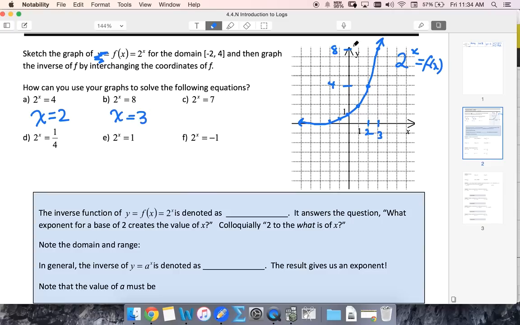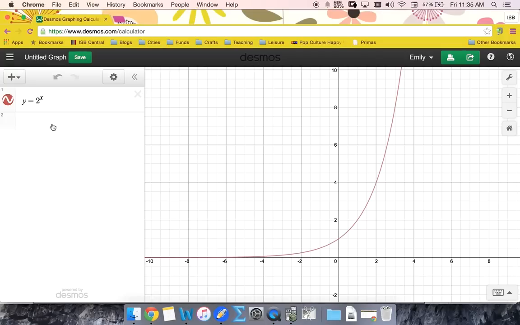When is the graph equal to 7? Well, that's about here. It looks like it's about 2.8. It's hard to see on this small of graph. I'm going to go over to Desmos. I've already put in y equals 2 to the x. So 7 is here. Comes down.